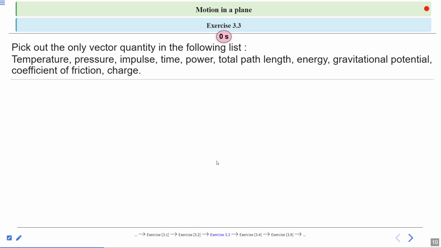So in this question, you have to find out the vector quantity.